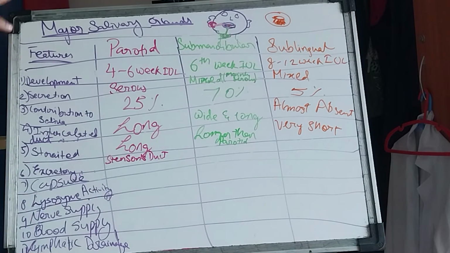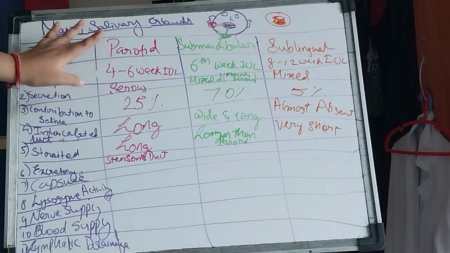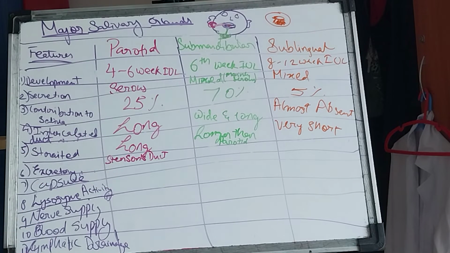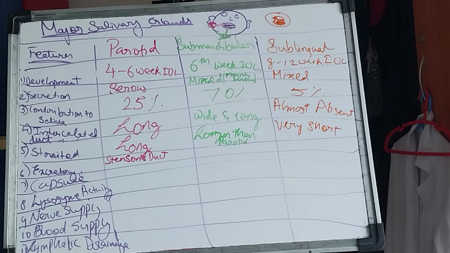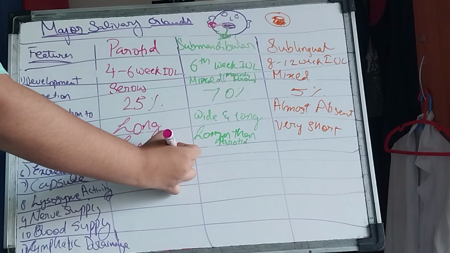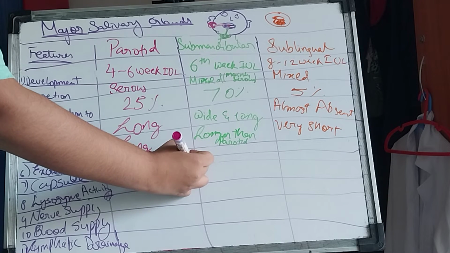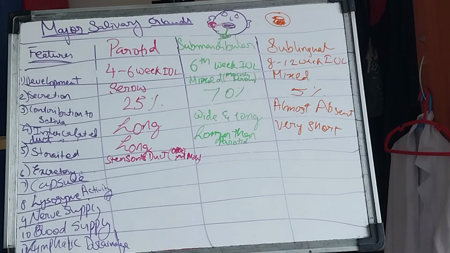The whole duct of the parotid gland is called the Stenson duct, and it opens at the buccal mucosa opposite to the maxillary second molar, not premolar, sorry, opposite to the maxillary second molar.